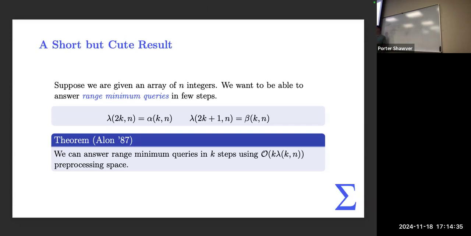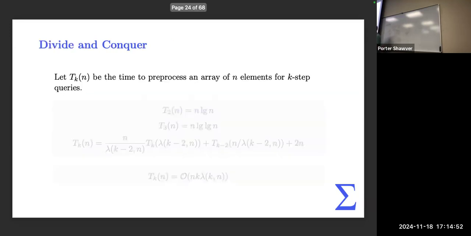So we will have to compute every single possible substring. This is the trivial case where k equals 1, and we have O of n squared total time to pre-process everything. And when we have more steps, we're going to do a divide and conquer algorithm.